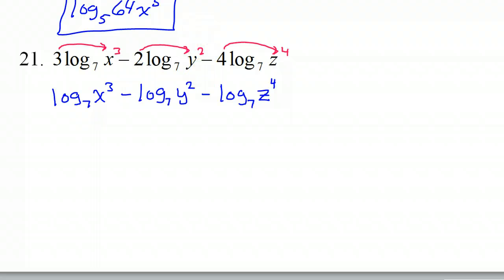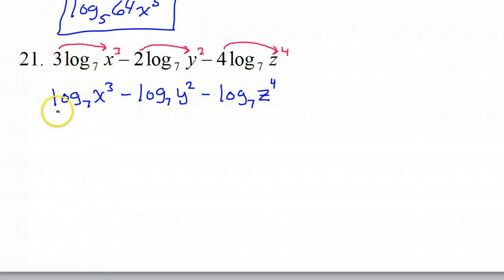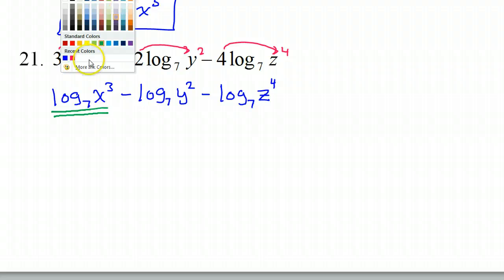But I'm going to do it Mr. Allen style. And the way Mr. Allen does it, any term that's positive is going to end up in the numerator. So, for example, this term right here is going to end up in the numerator. Now, any term that is negative is going to end up in the denominator.